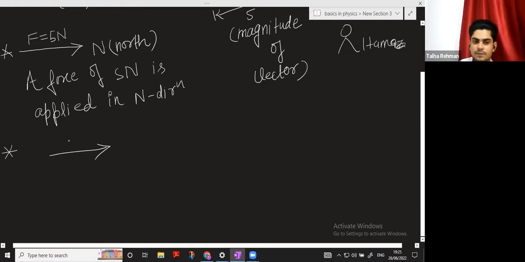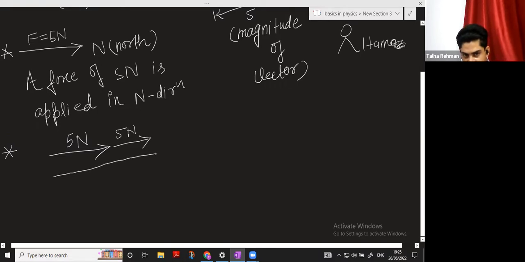Arrow means vector of 5 Newton, meaning 5 Newton force, and I am applying another arrow of 5 Newton. So what will happen? Both the arrows are in the same direction. So we can make an arrow of what length? 10 Newton in this direction.